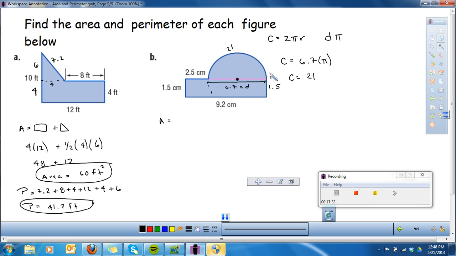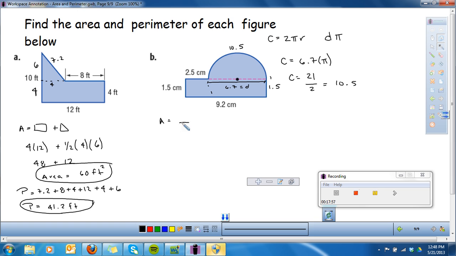Now this is only half a circle. Okay, this is the circumference as if it was a whole circle. So if I divided that by 2, we should have gotten a 10.5. So the measurement of this right here should have been 10.5. Now, knowing that, we can calculate our area.